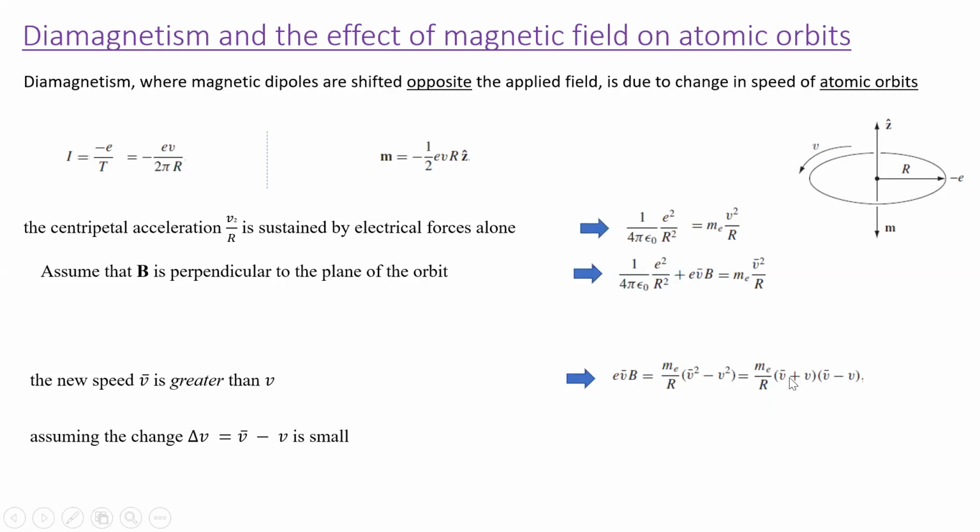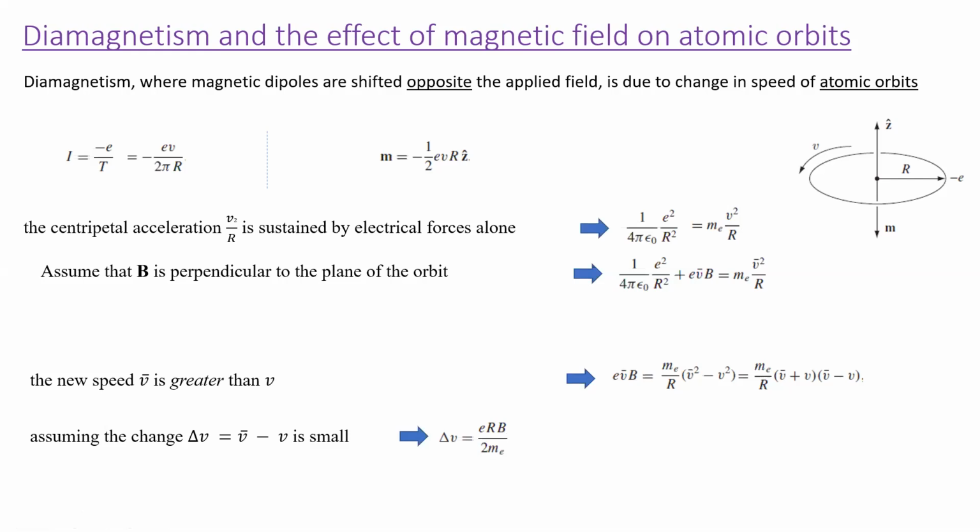So we can replace v bar plus v with twice v bar, and we can replace v bar minus v with delta v. Dividing by 2v bar, multiplying up by R, and dividing by m_e, we can solve for delta v, and it's e R B over 2 m_e.